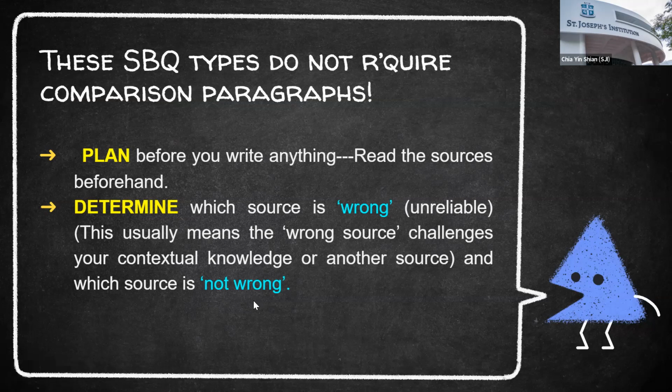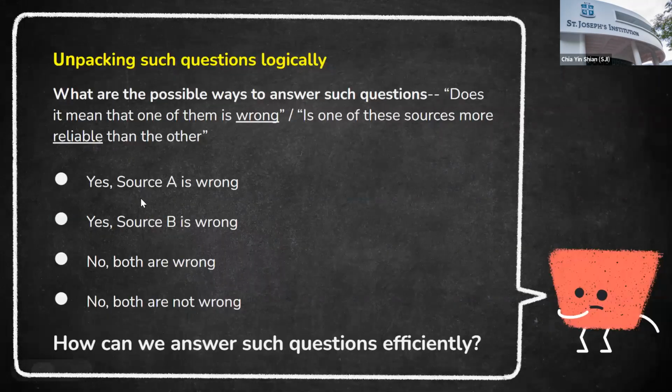That is why I am reminding you again that you need to plan before you write. Make one source wrong and the other source not wrong. So basically, you will say that source A is wrong, and you establish the claim of source A and how source A's claim is challenged by either another source or contextual knowledge.